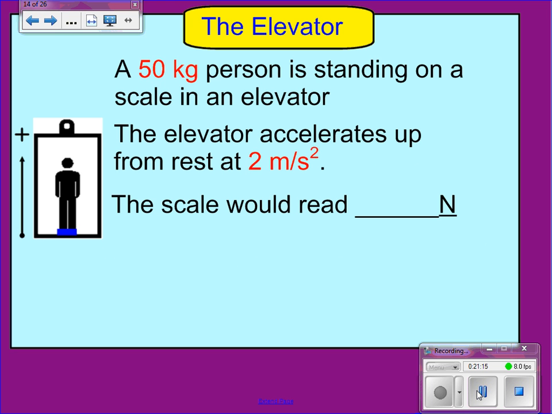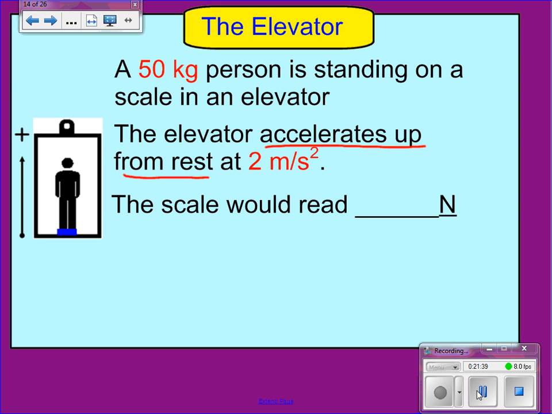Okay, now, a 50-kilogram person is standing on a scale in an elevator. The elevator accelerates upward from rest at 2 meters per second squared. Okay, the scale would read blank. So, we are told that the elevator is accelerating up from rest. So that's two things there. One, the elevator is accelerating up.